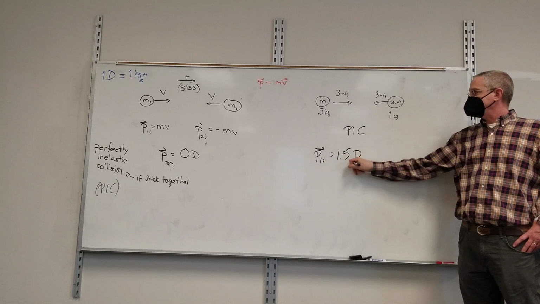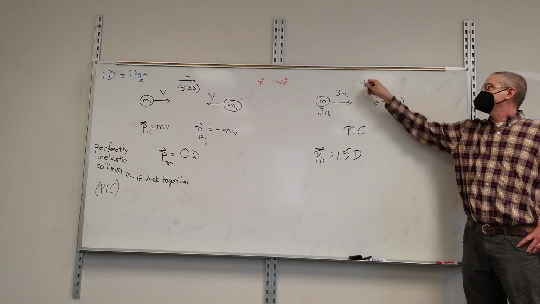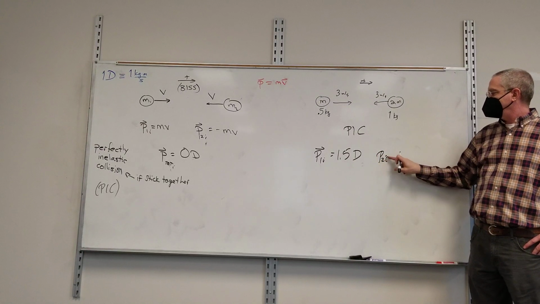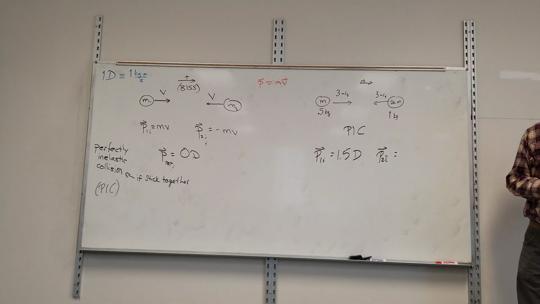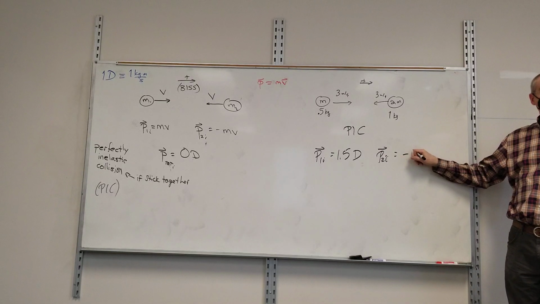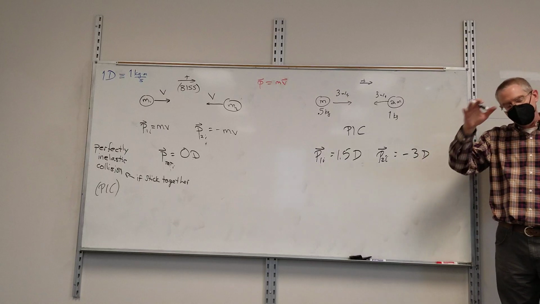It's still up there, so take cards. And we now have established to the right is positive. What's the total momentum of this one before the collision? Negative 3. Don't forget the negative. So what is the total momentum before the collision?